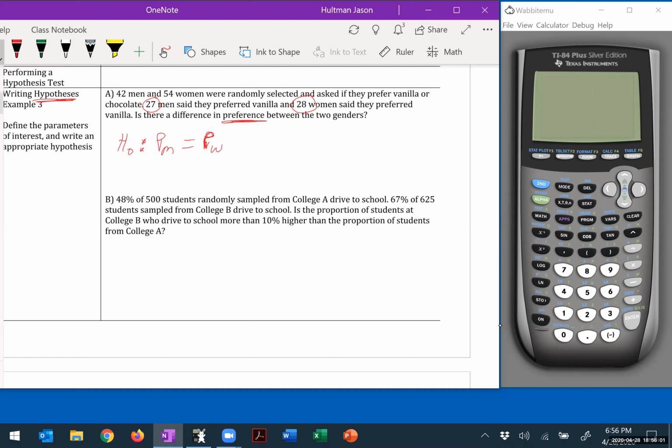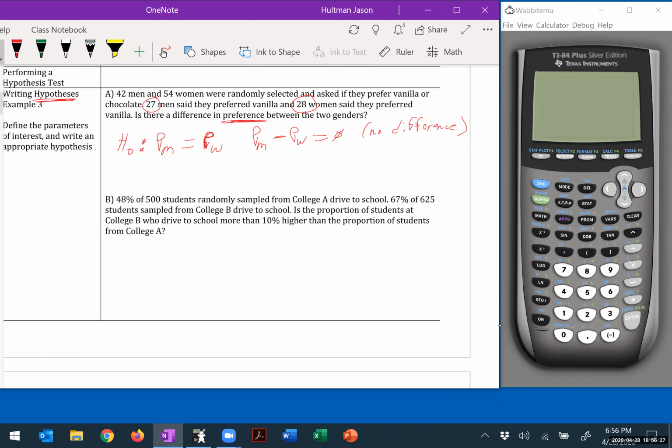We could also write this as P men minus P women equals 0, meaning that there's no difference in the genders. That's what would be my null hypothesis. My null hypothesis would say that there's no difference.